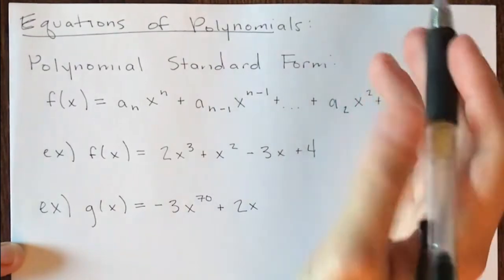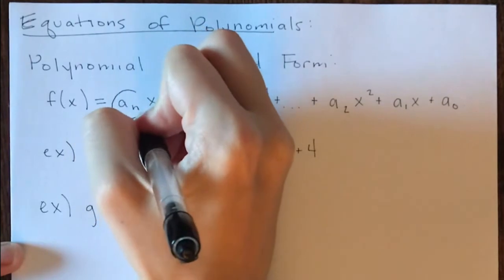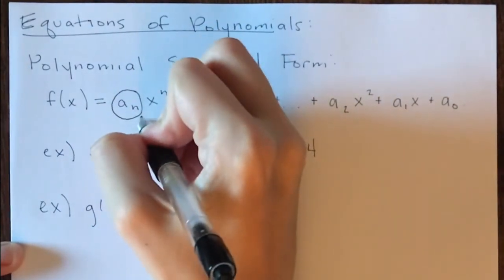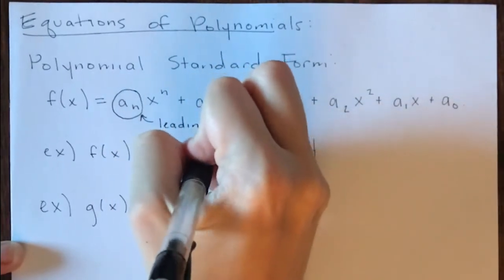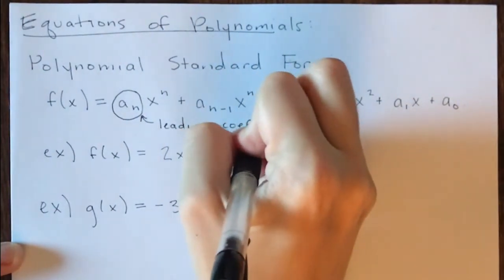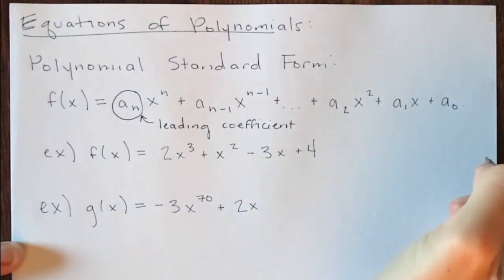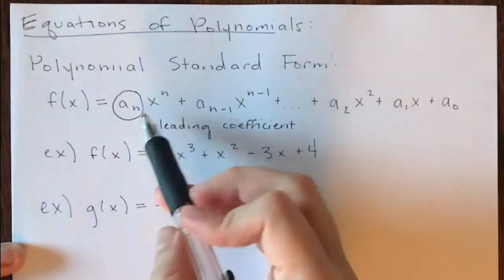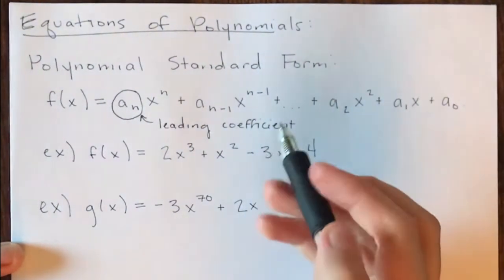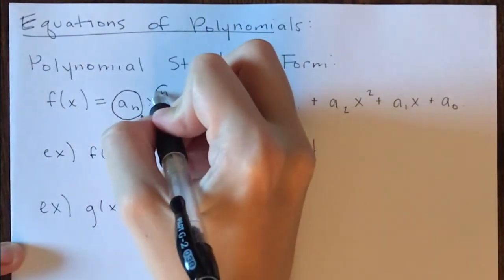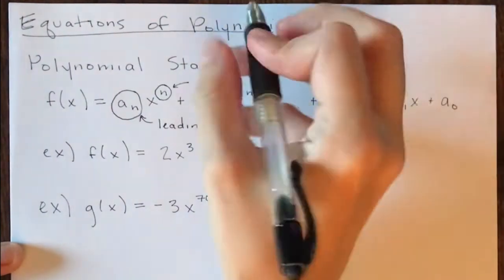Okay, so I want to kind of point out a few things. The first one is this guy, this a sub n. A sub n is what we're going to call the leading coefficient. What is the leading coefficient? Well, it's the coefficient on the first term in standard form. The second thing that I want to point out is n.